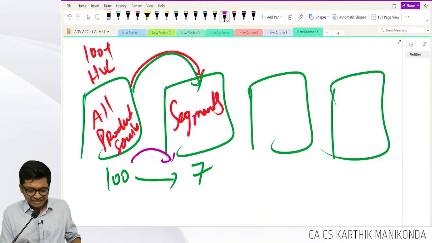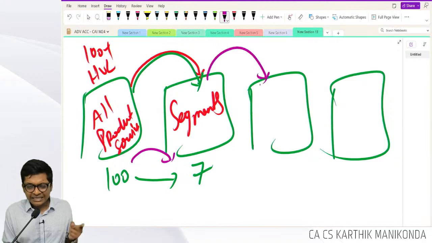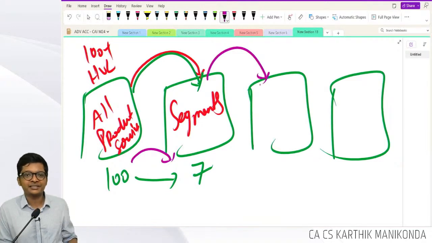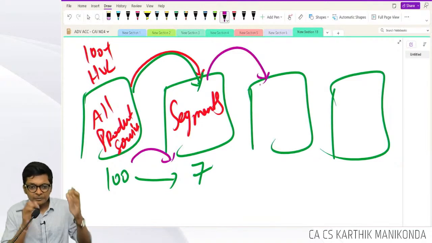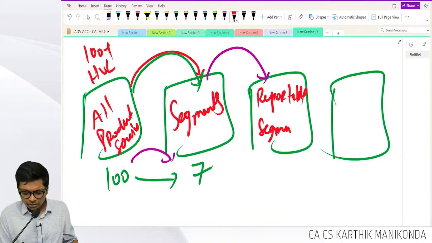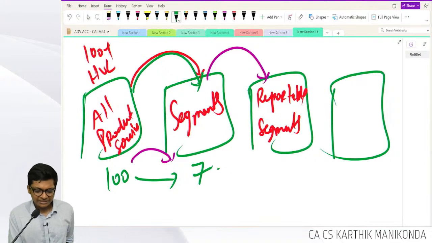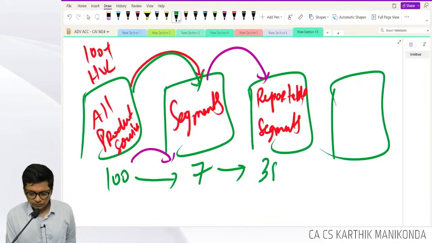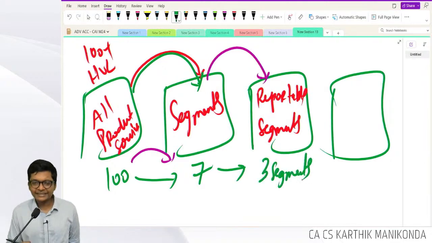Then again I don't have to show all the segments, because 7 segments means 7 columns. So from these segments, I will classify some as reportable segments. So out of these 7 segments, I might report only 3 segments.